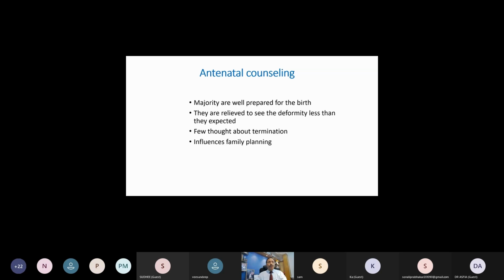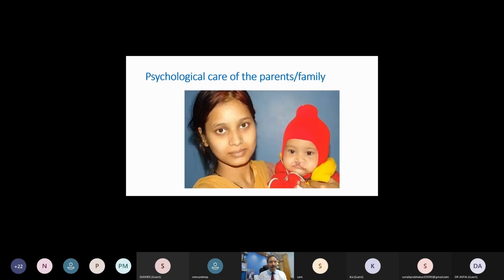When you do the counseling, the majority of them become well prepared for the birth of the cleft baby. They are also relieved to see the deformity is less than what they expected. A few of them may think about termination of pregnancy, which should be advised against. It can also influence their family planning.